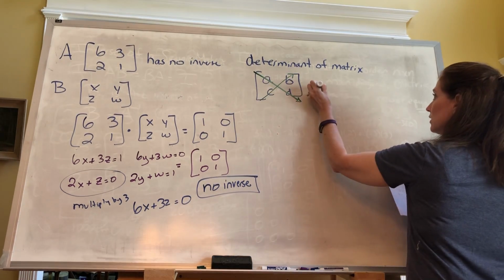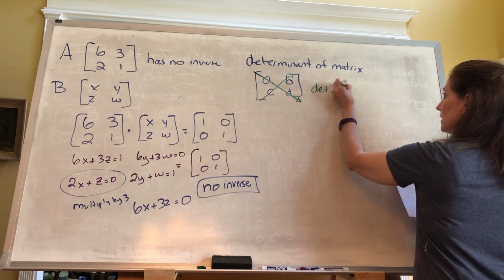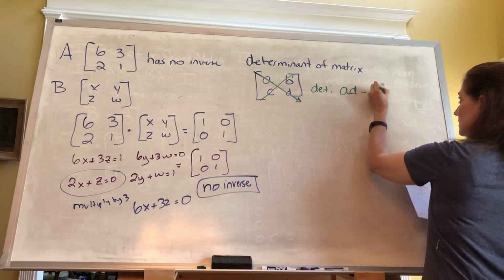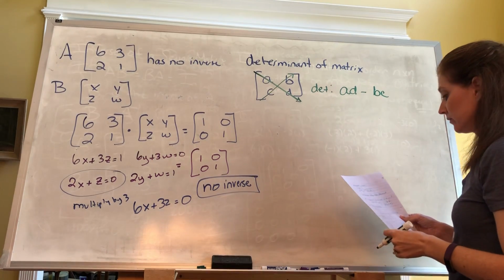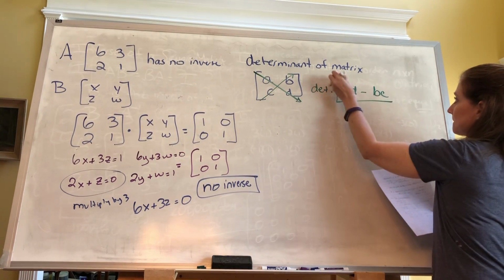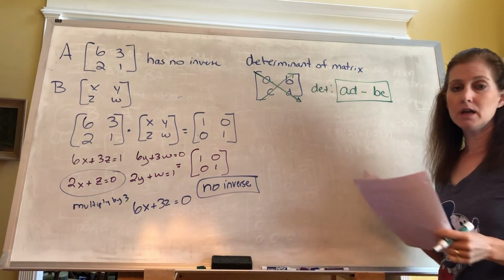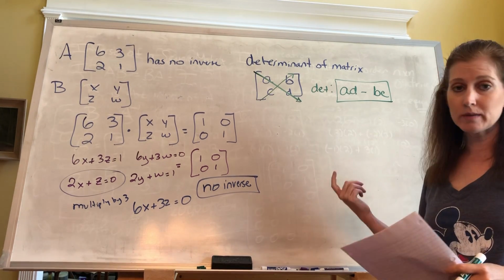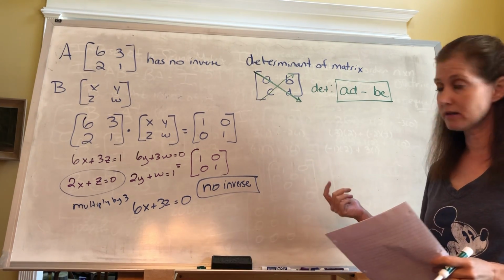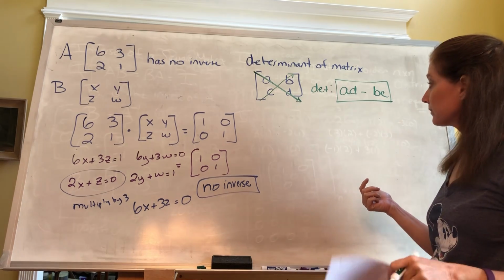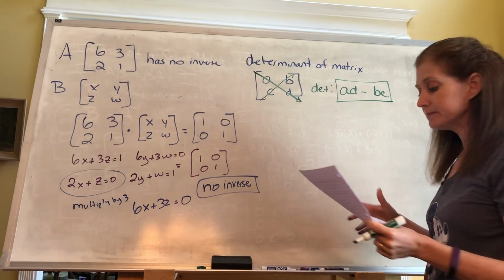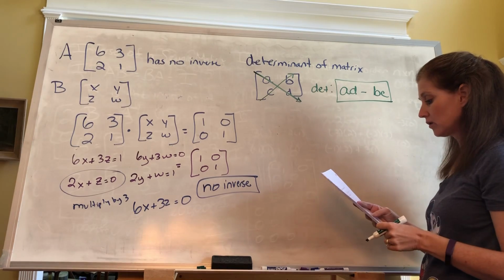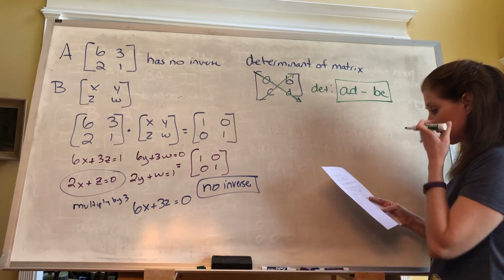And so the determinant is A times D minus B times C. Any ones that are bigger than that, you can do by hand. I'm not going to make you do them by hand because they're not fun. So you can use your calculator to do the higher orders.